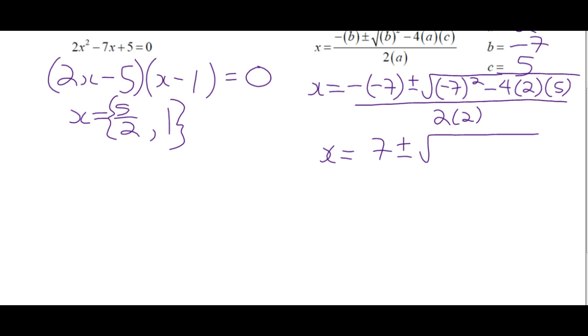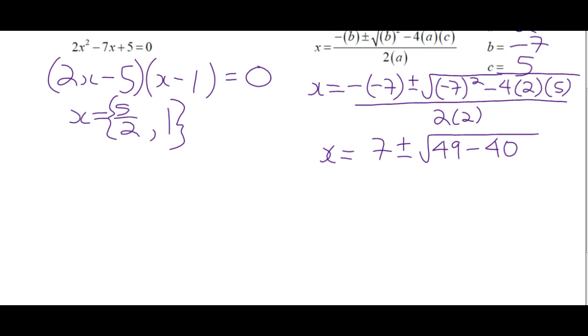Here's a hint: this will always be positive, because when you square something, it's always positive. So 49 minus 4 times 2 times 5, which is 40.